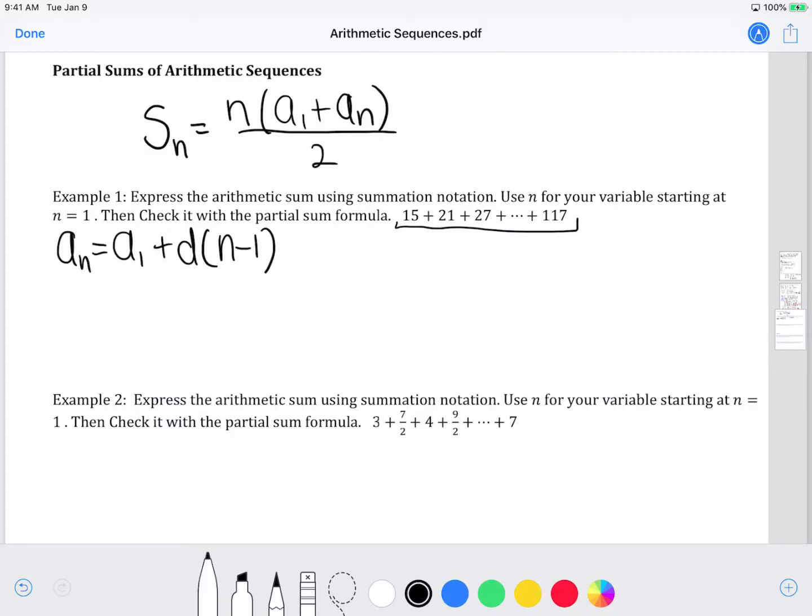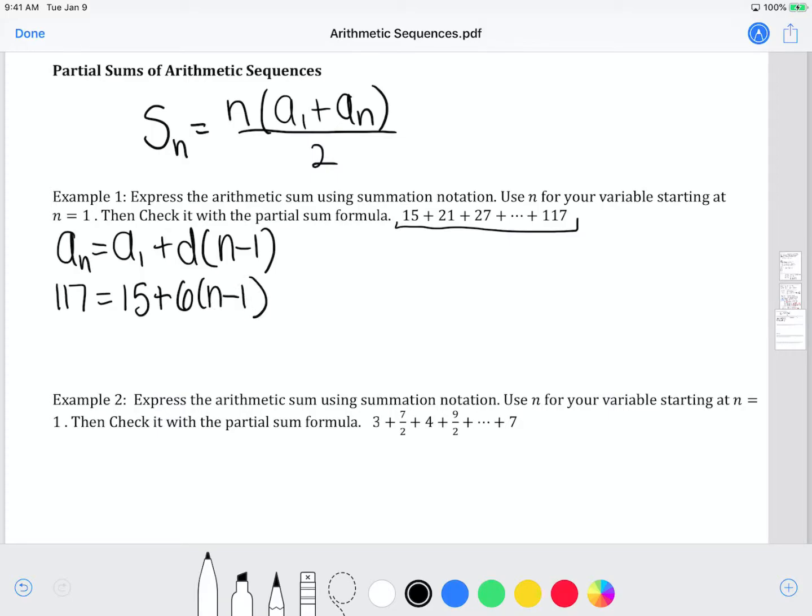I know the first term is 15, and I know the nth term is 117, so I'm going to put in 117 because we're trying to figure out what n is. I'm going to put in 15 for the first term. My common difference would be 6, because to get each of those terms I keep adding 6.